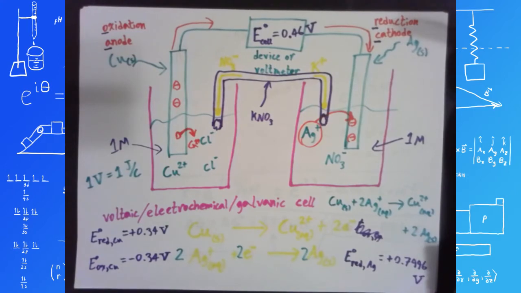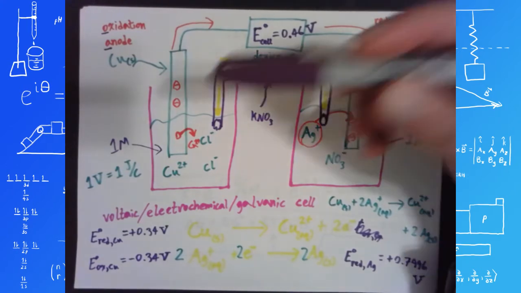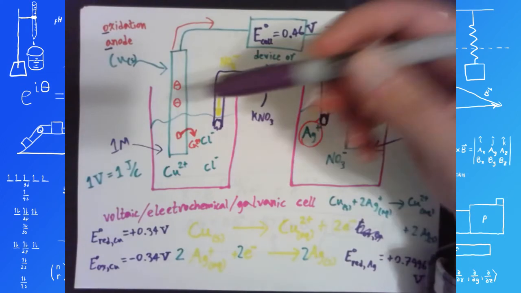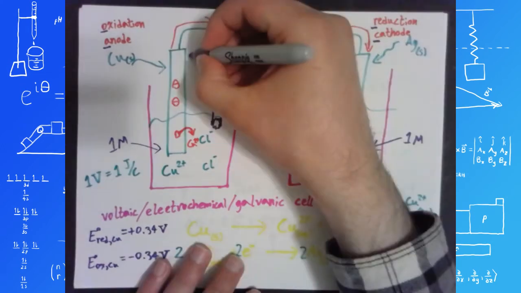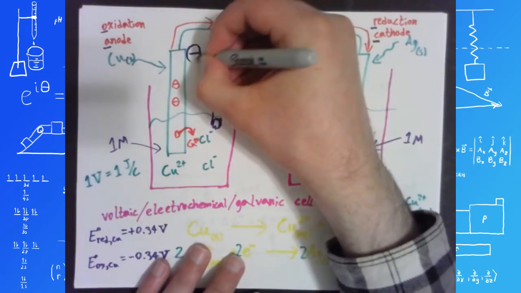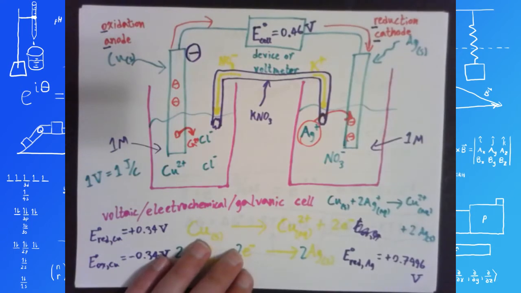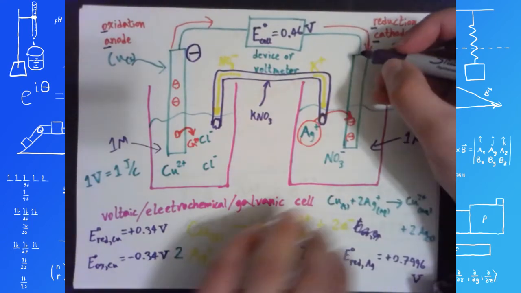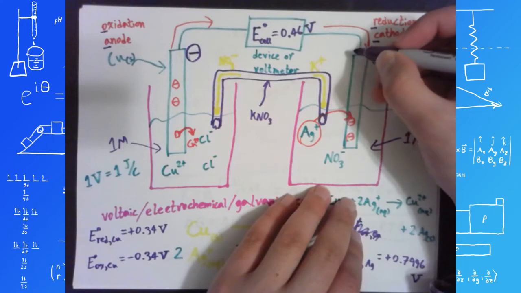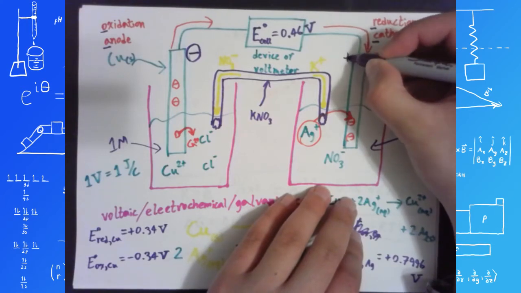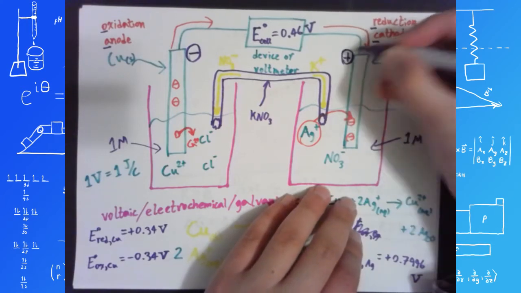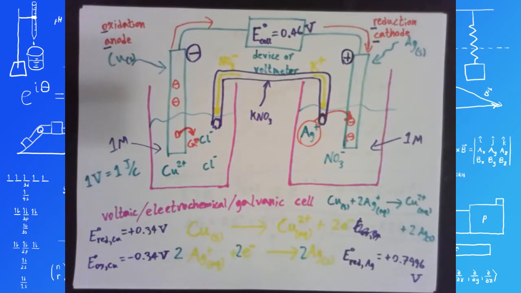Okay, and I guess this would be the negative electrode, because this is where the negative charge comes from. So that's like the negative end of your battery, while this is the positive electrode. Let's see, do I have that right?